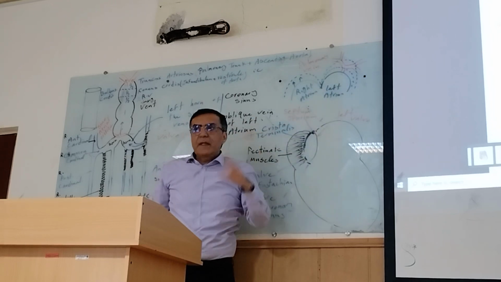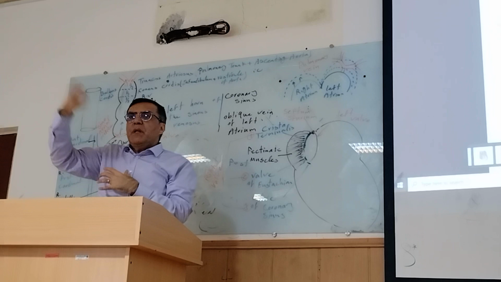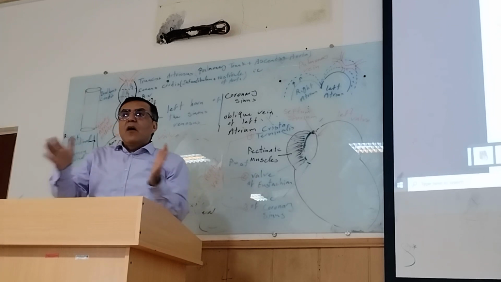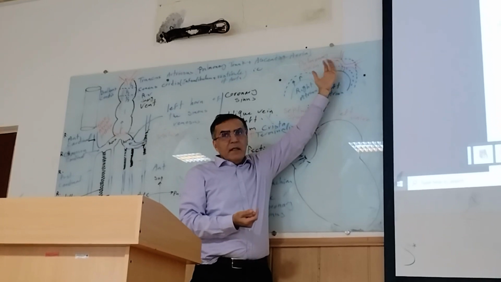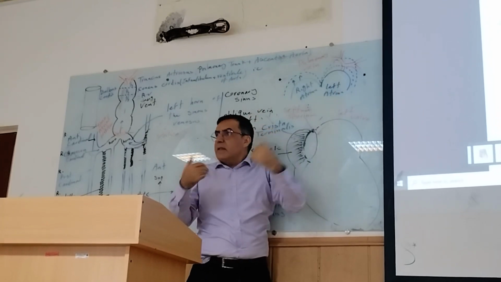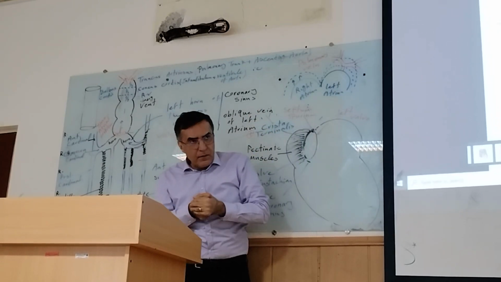What's happening in the cavity? The cavity enlarges, and most of the small veins come inside the left atrium.